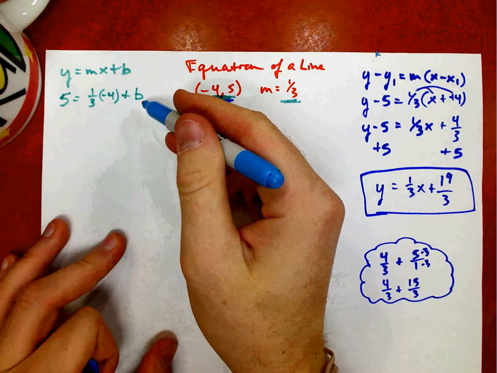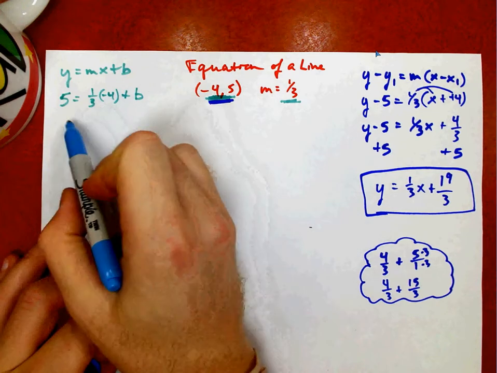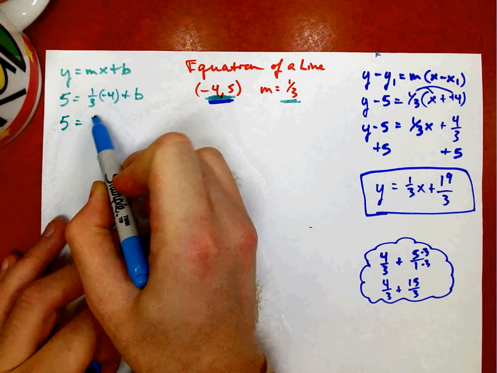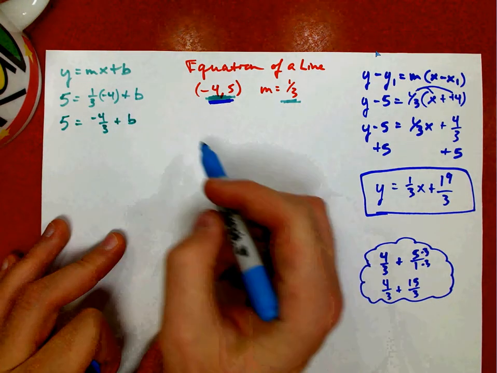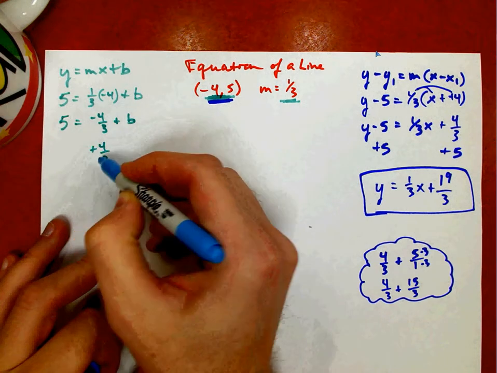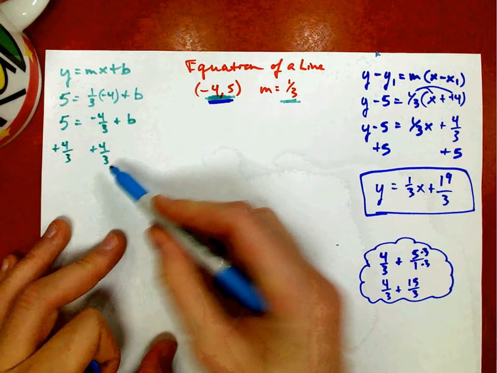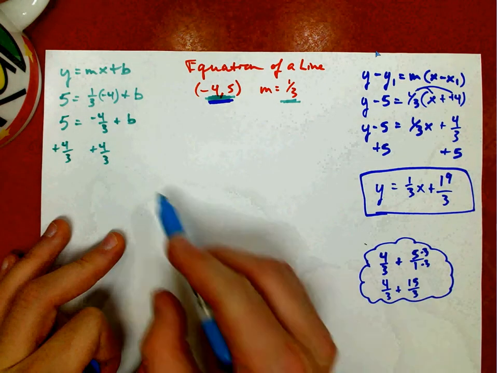So all I have to do to write it in slope-intercept form is find out what my y-intercept is, b. I'll start by multiplying -4 times 1/3, giving us -4/3. And just one last thing to solve for b, that is add 4/3 to both sides of the equation. Again, either way I choose, I'm going to have to do this exact same problem, 5 plus 4/3.